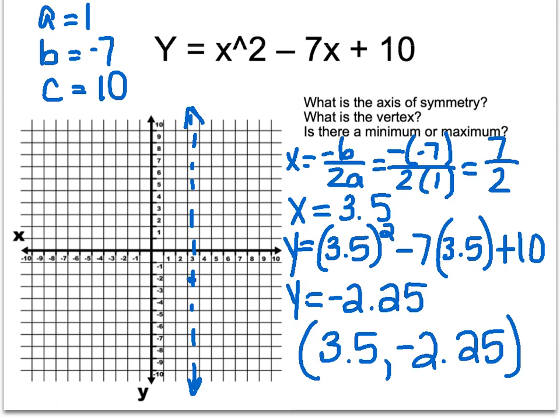And that is right around there on the graph. And my other 2 points are 2, 0, and 5, 0, to give me my parabola. And so here's my minimum point.